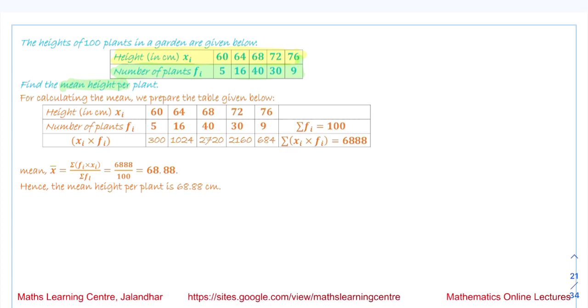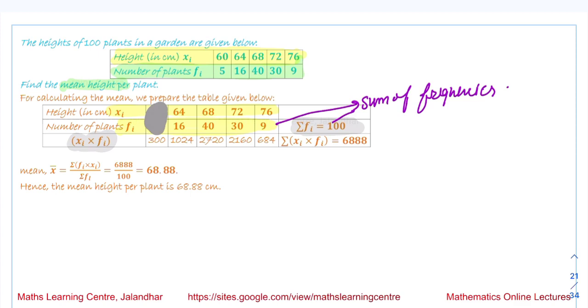Again we are doing the same thing here. These are the values of xi. These are the values of fi. We have calculated sigma fi, which means the sum of frequencies. Next we have to calculate xi into fi.